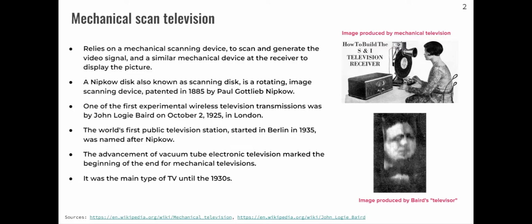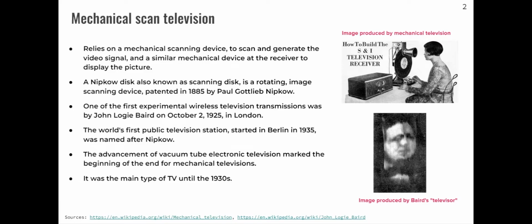So a Nipkow disc, also known as scanning disc, is a mechanical rotating image scanning device patented in 1885 by Paul Gottlieb Nipkow. This scanning device was a fundamental component in the mechanical television. So, as in the picture on the right, we can see there is a disc. So, this is generally a Nipkow disc.